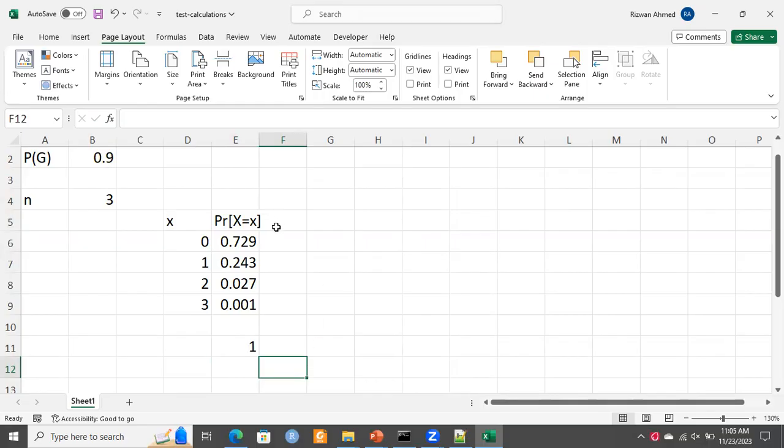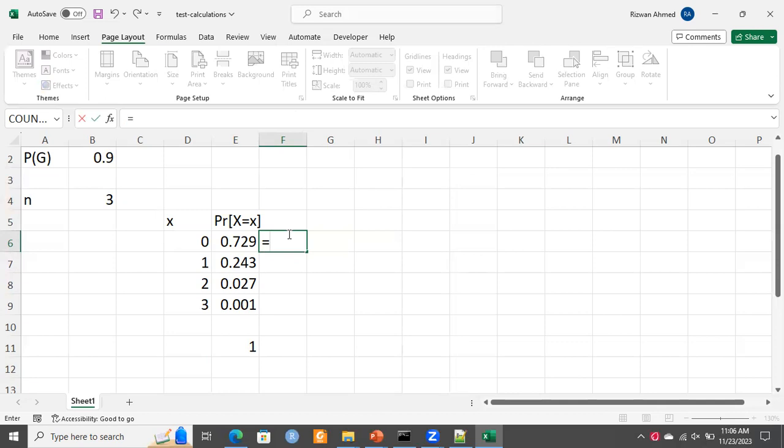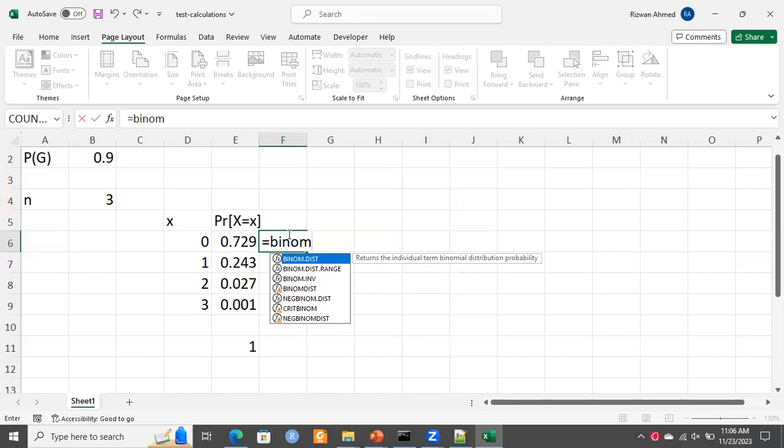The same thing is possible from the default Microsoft Excel functions. So I can write here the same calculation. It is equal to binomial distribution, which is available in Excel. So I write binom dot distribution, and it requires the number to be provided.